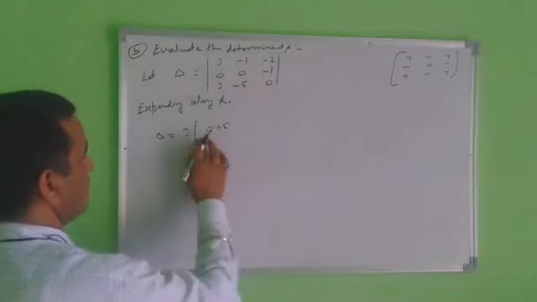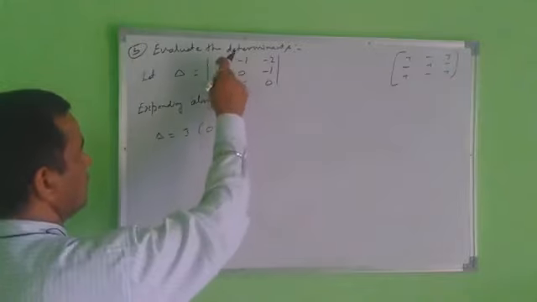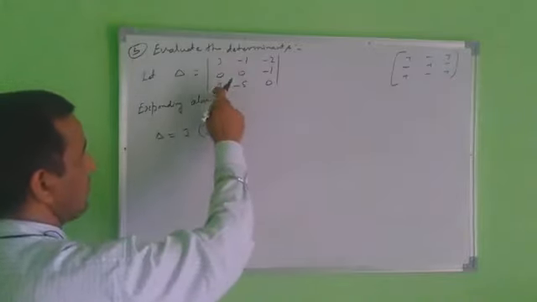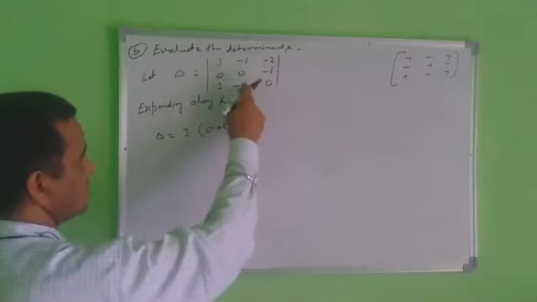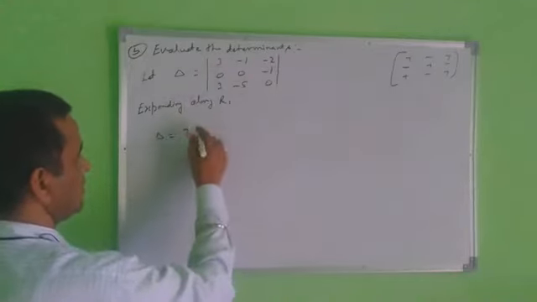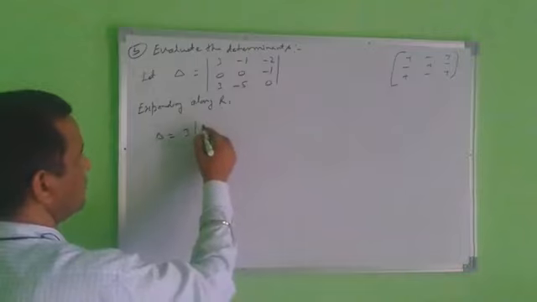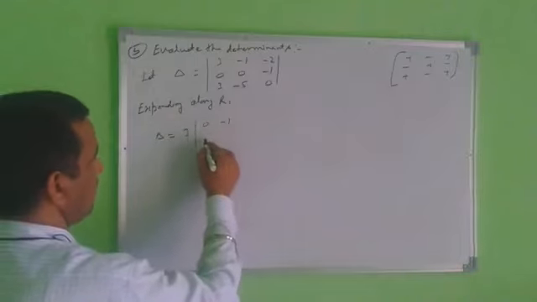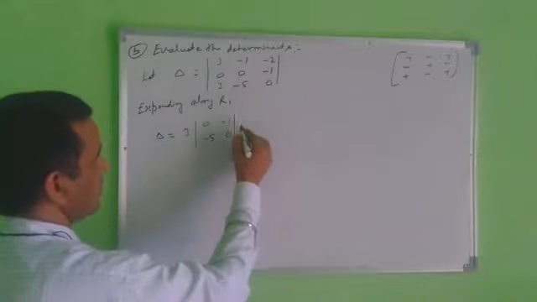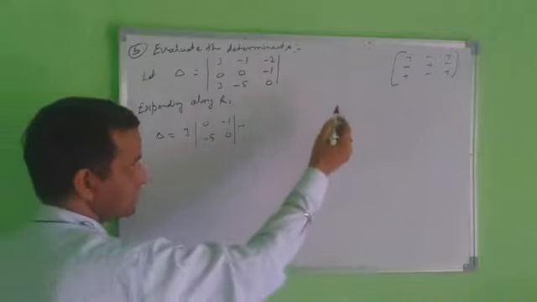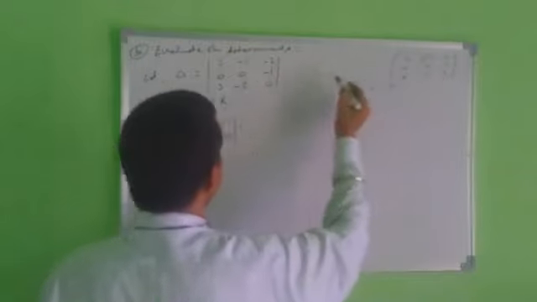First row and first column will be hidden, 0 into 0 is 0, and minus minus plus. Otherwise you can write it in this form: 0, minus 1, minus 5, and 0. Second, you write minus 1, with one minus sign from the sign table.